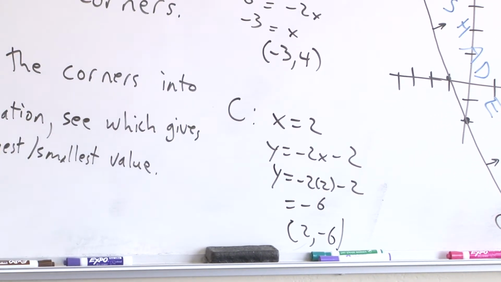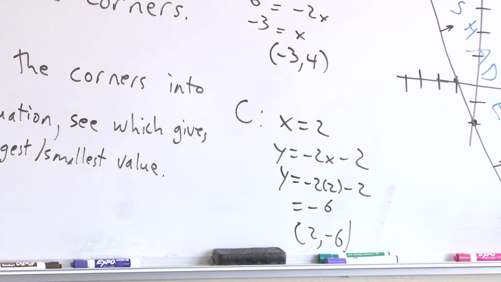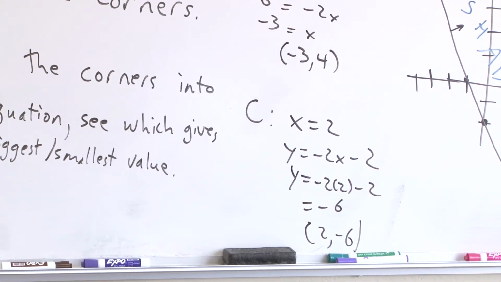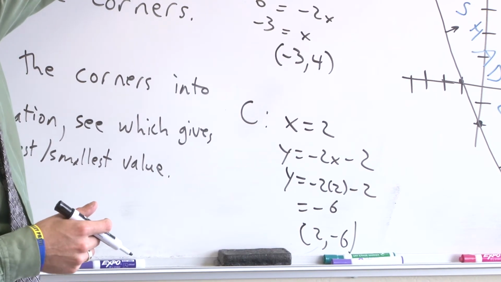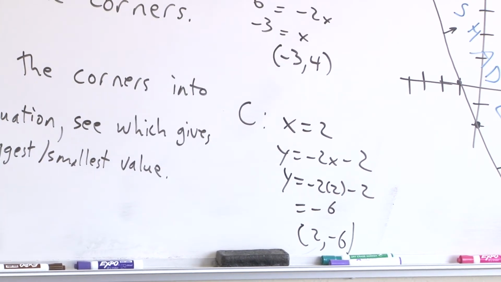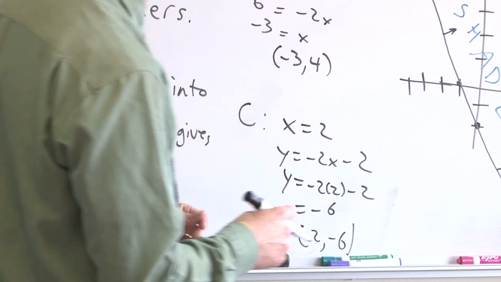So point C is at 2, -6. So those are my 3 corner points. And now I just have to see which one of those 3 optimizes this equation, which one maximizes it.